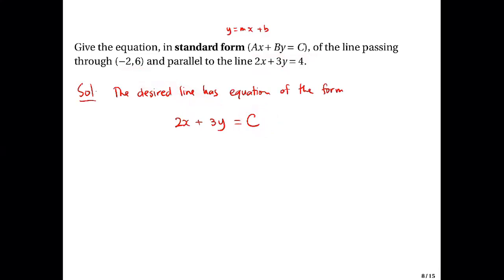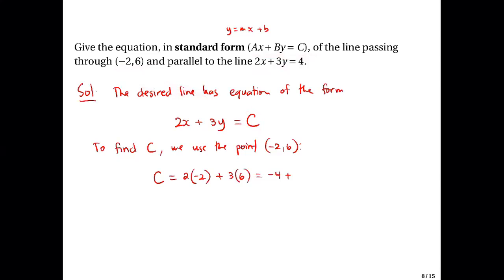So to find c, we use the point -2, 6. So this means your c is equal to 2 times x, which is -2, plus 3 times y, which is equal to 6. So this will be equal to -4 plus 3 times 6, that's 18. So this is equal to 14.